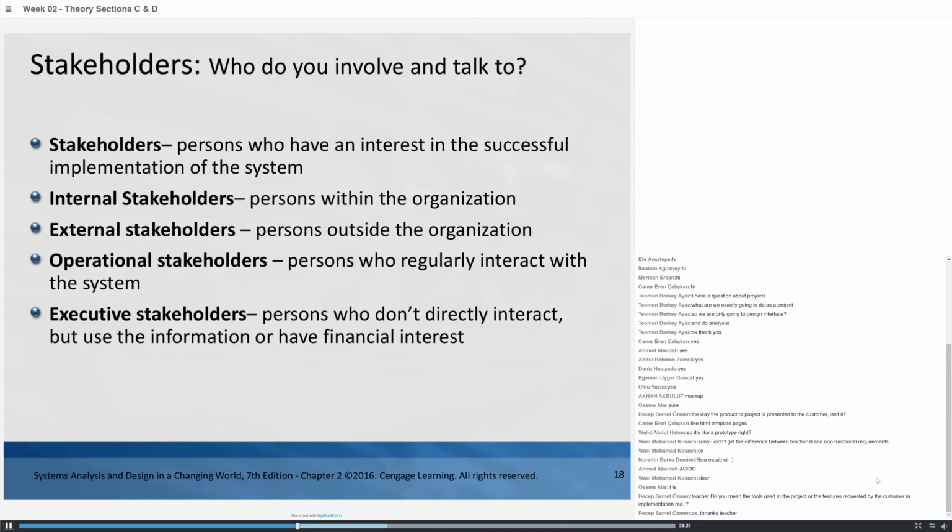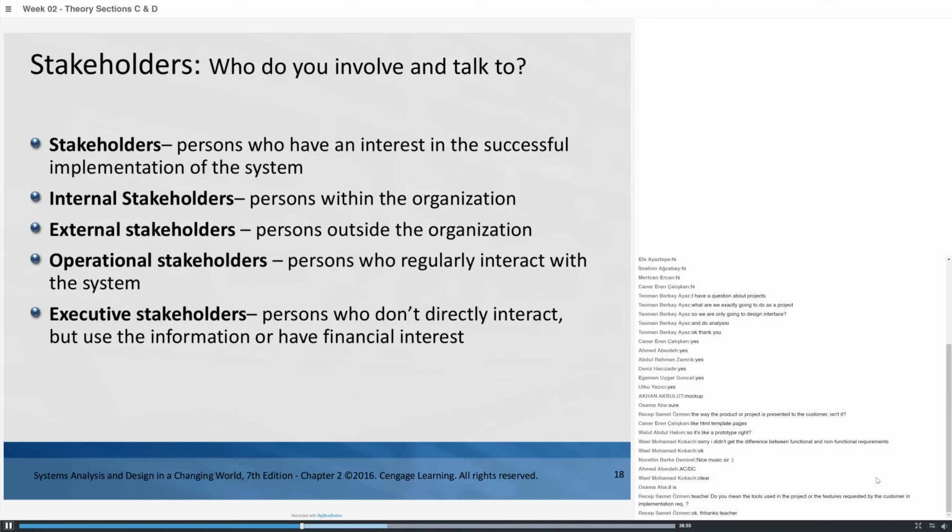Just like we did in grouping requirements, we can categorize stakeholders: internal and external. Internal stakeholders are those within the organization. Externals are outside the organization. Operational stakeholders are those who regularly interact with the system for their job.